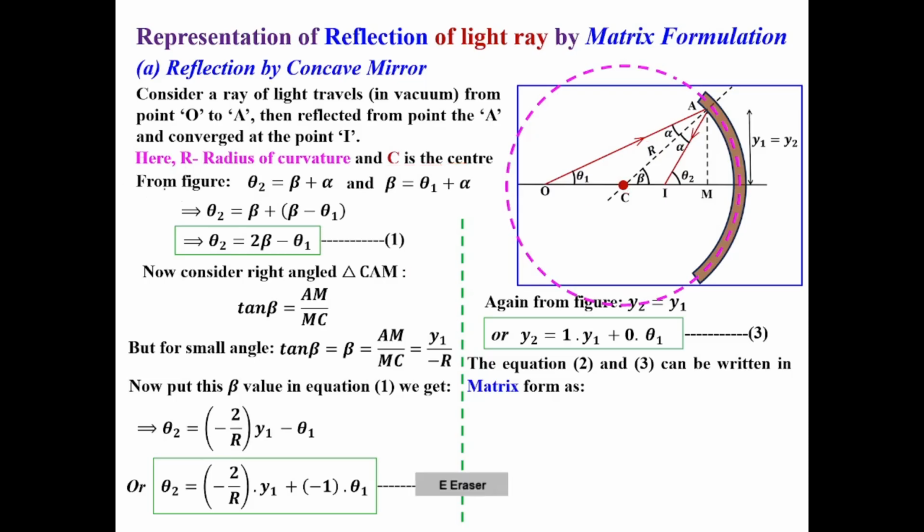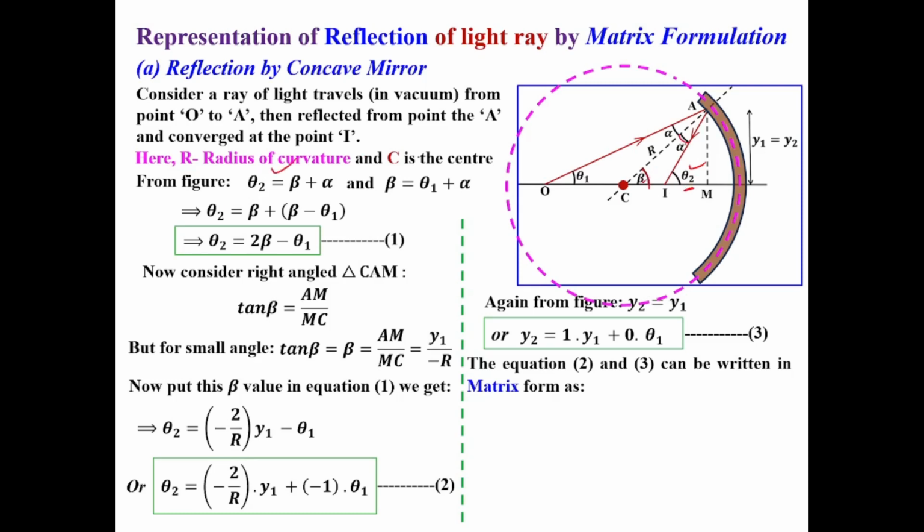From the figure, theta 2 equals beta plus alpha. Where is theta 2? If I consider this triangle CIA, then theta 2 is the outside angle, so obviously theta 2 is the sum of these two internal angles, beta plus alpha.